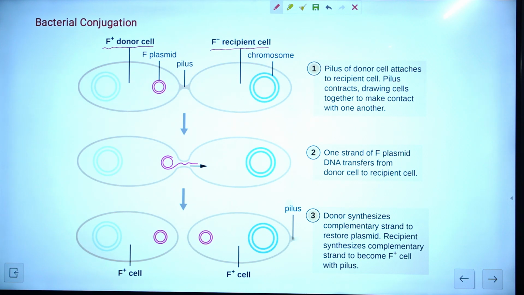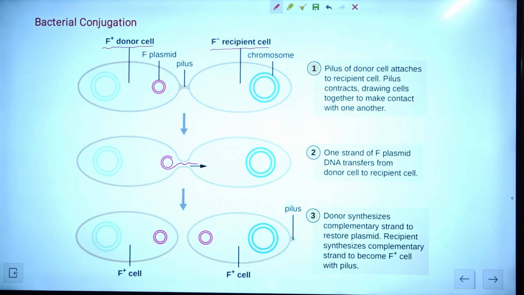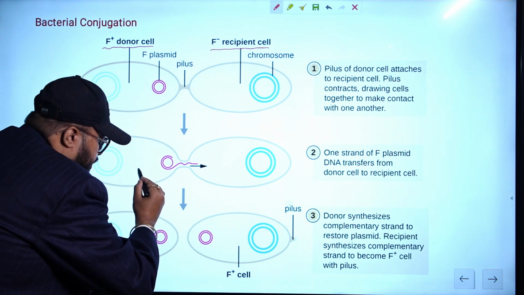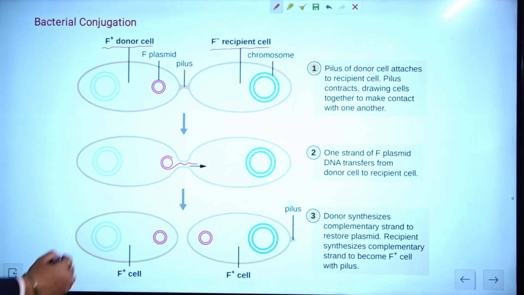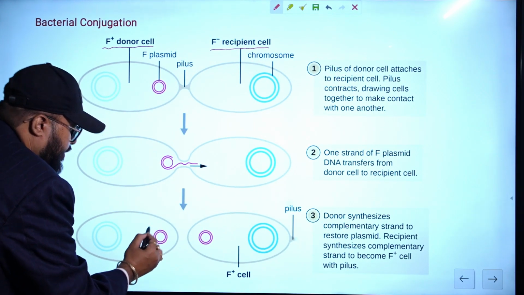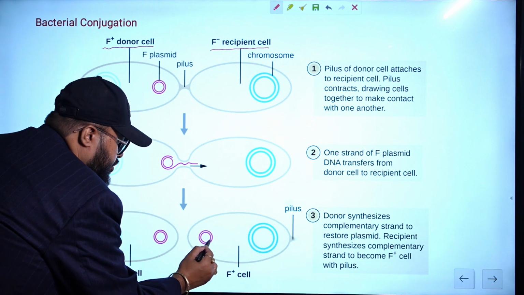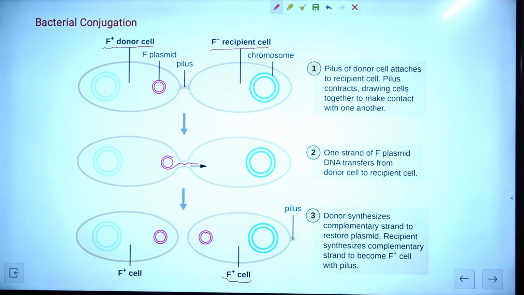Endonuclease enzyme cuts the plasmid DNA at a specific site called the origin of transfer, and one strand of the plasmid DNA is transferred from the donor cell to the recipient cell. The donor cell synthesizes the complementary strand to restore the plasmid, and the recipient cell synthesizes the complementary strand to become an F plus cell after conjugation.